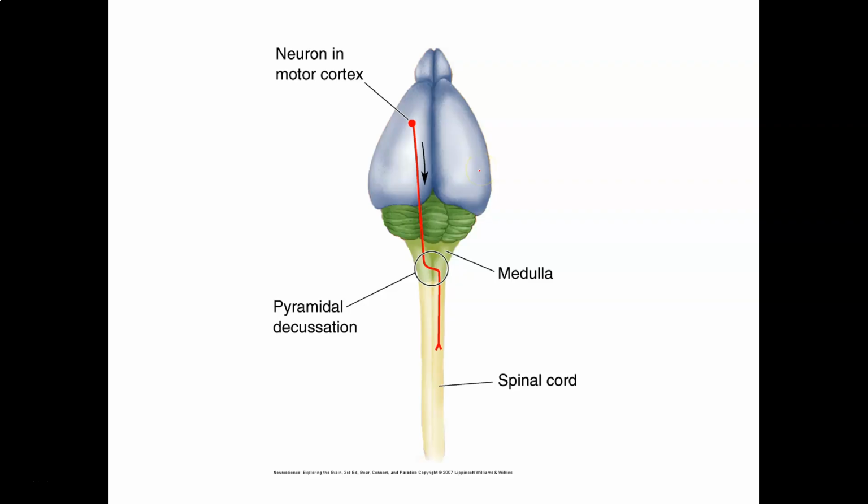The point at which this crossing occurs is in the medulla, at what is called the pyramidal decussation. So all the information crosses from one side of the brain to the opposite side of the body at the pyramidal decussation of the medulla.